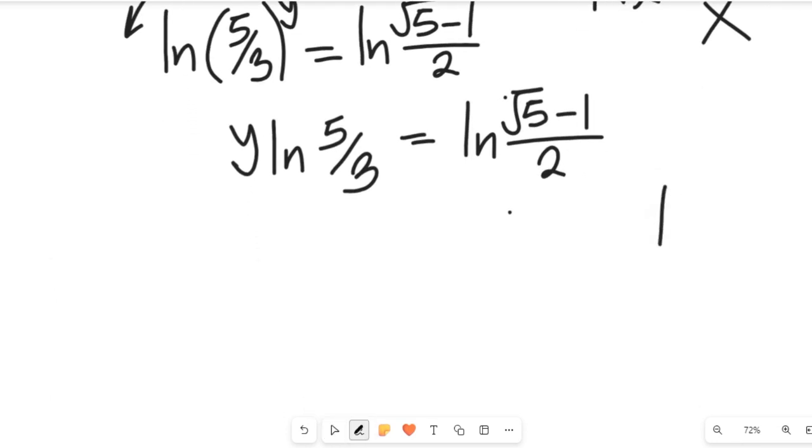Now, recall the law of logarithm. If we have the natural log of a divided by b, this will be equal to the natural log of a minus the natural log of b.